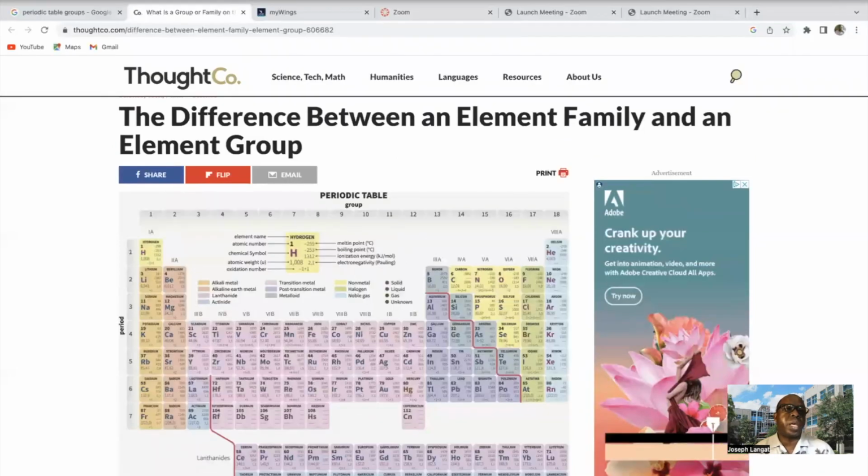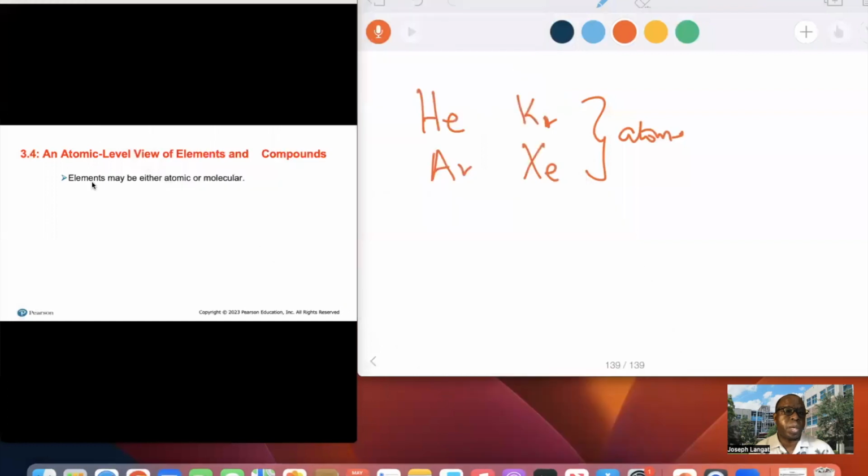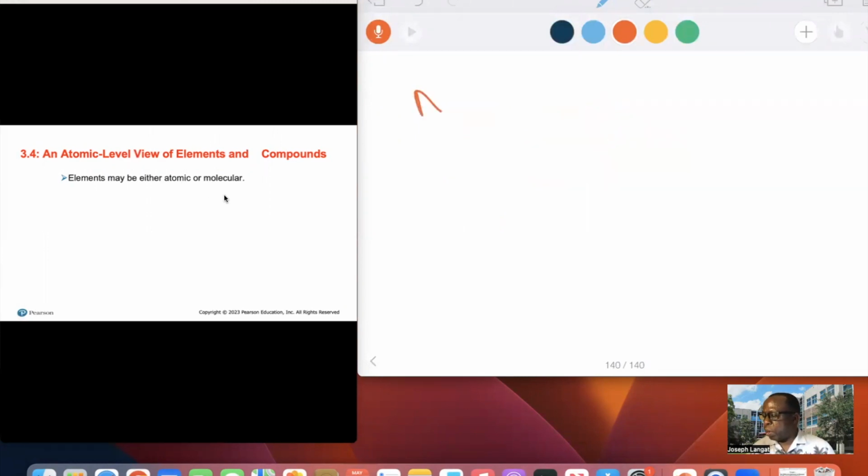They exist as atoms, based on what we just talked about, that elements may be either atomic, existing as atoms. While molecules are molecular compounds, molecular elements.